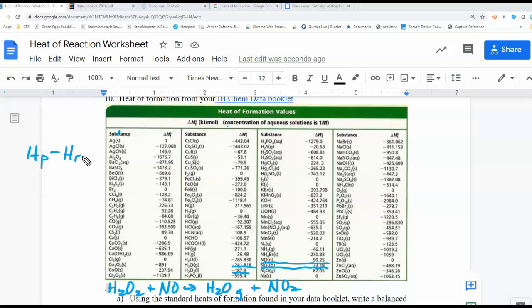So I'm going to do the water vapor first, which is negative 241.818. And I'm going to add to that the NO2, which is, and I've got to erase some of this because I can't see what I wrote here, which is 33.18.